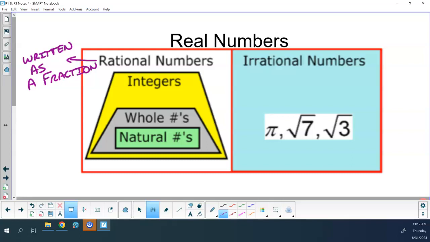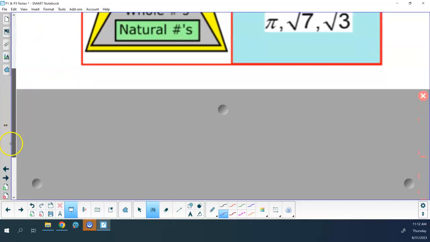Natural numbers are just the positive integers, not 0. But again, you don't have to know that. That's just what we're talking about when we talk about numbers. The most important concept from this slide: rational numbers can be written as a fraction. Irrationals can't.